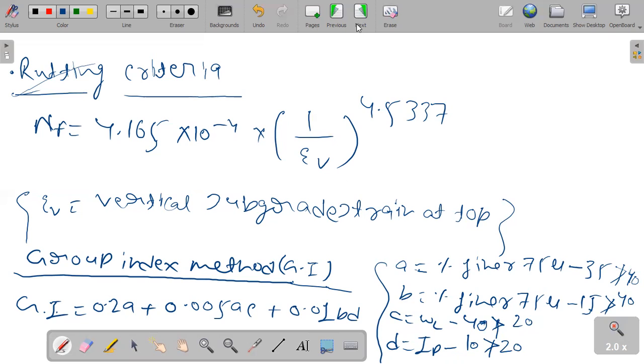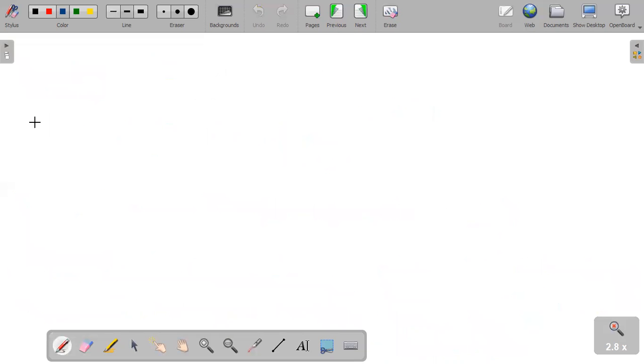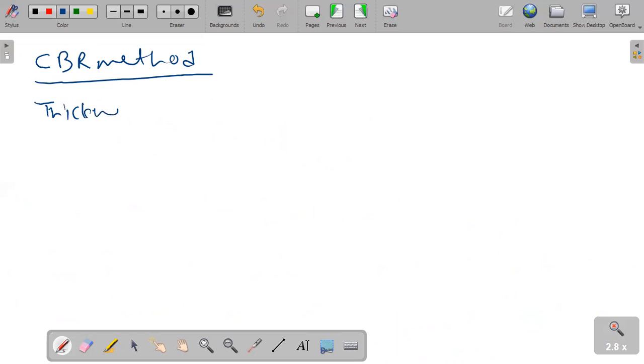Let's move forward to our next topic, which is the CBR method. Basically here we have two concepts.